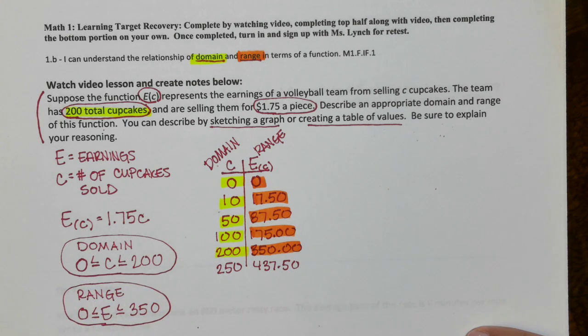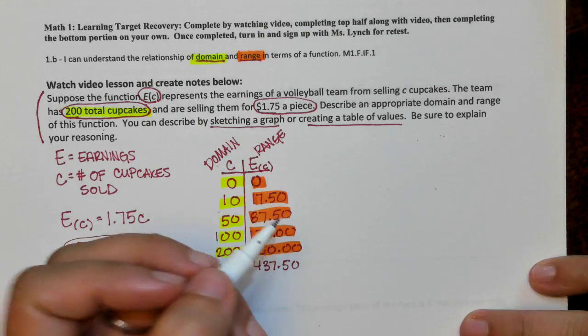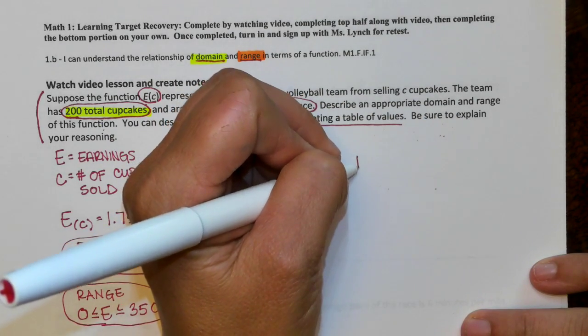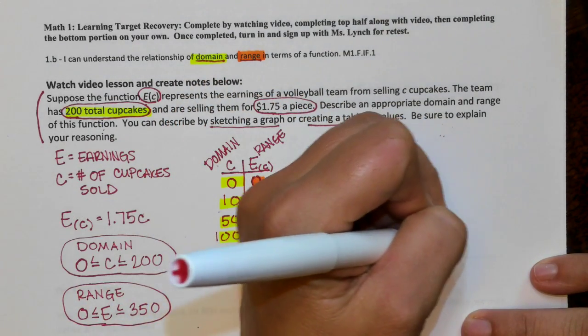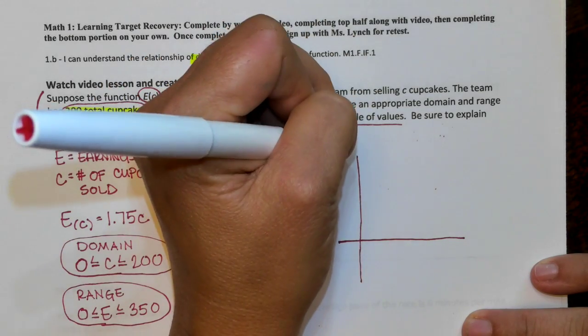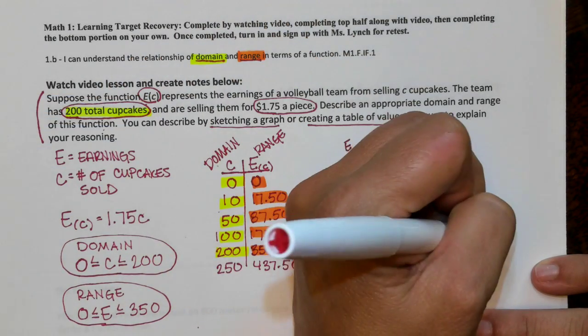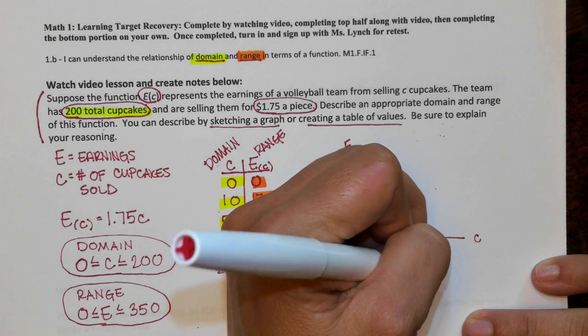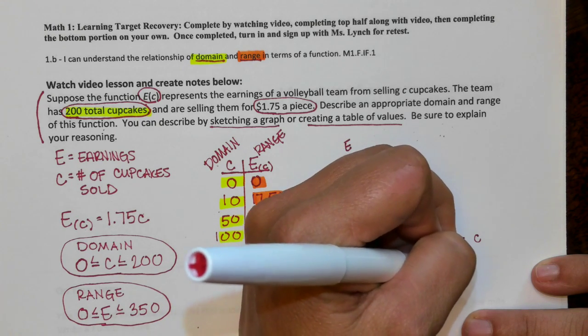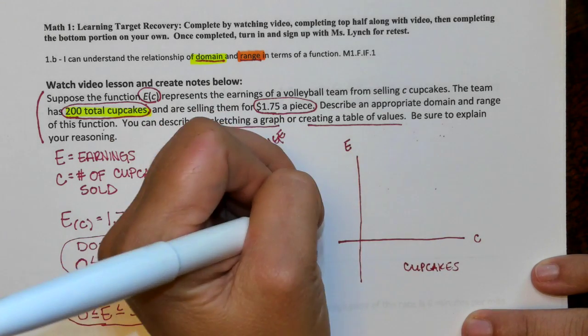Okay? I want to show you what this looks like on a graph because it's important to understand it with the graph. So if I were to sketch this, this is E, this is C, this is cupcakes, this is earnings.